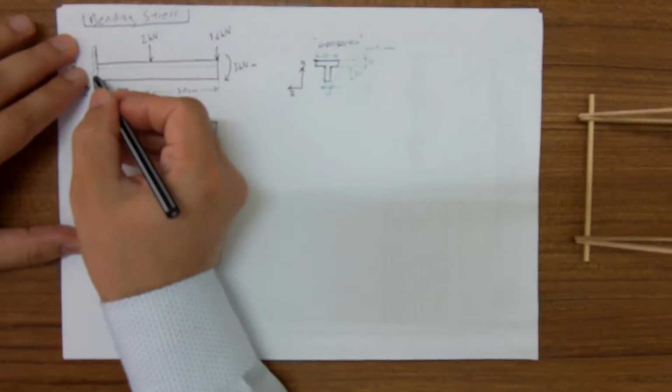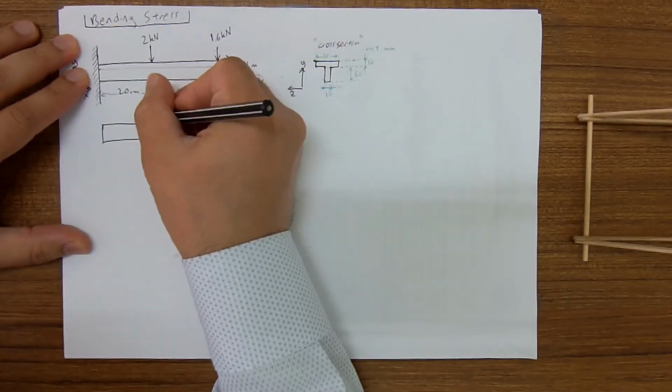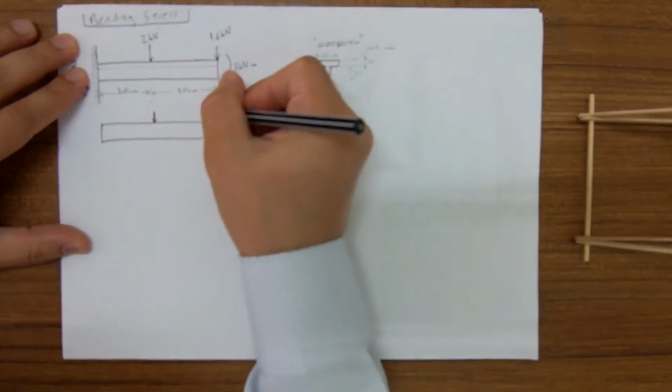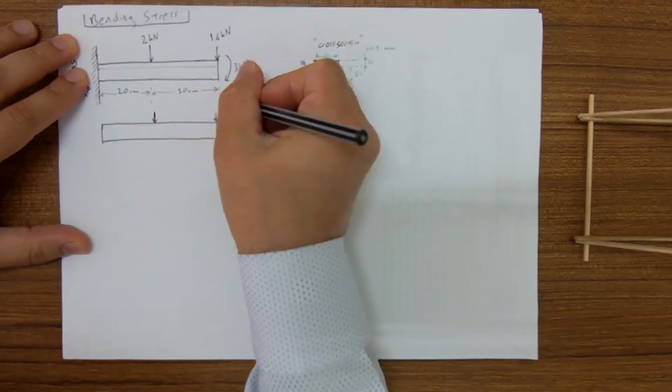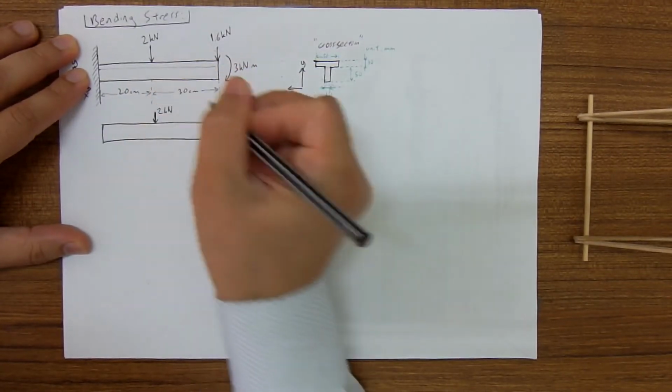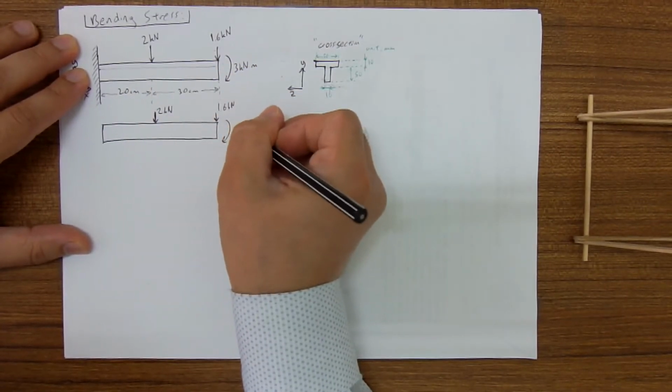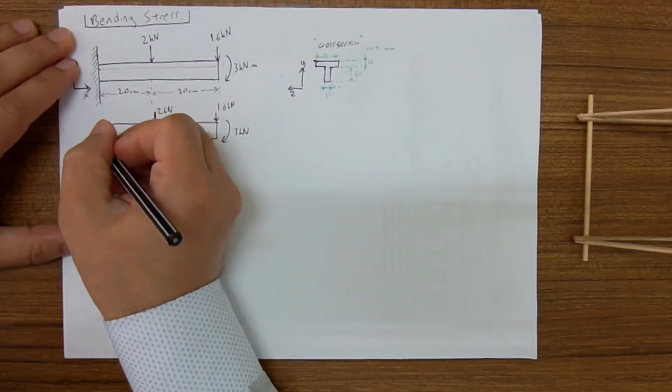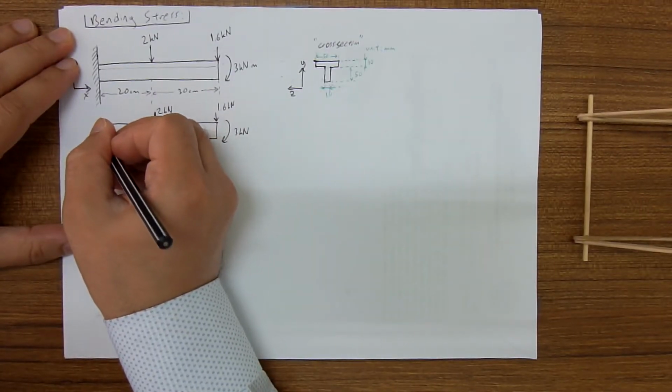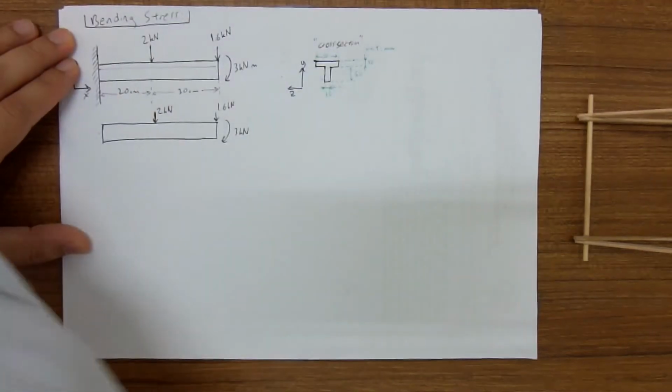So I free up from this fixed support and show all the external loadings. I have got a reaction force in this direction.